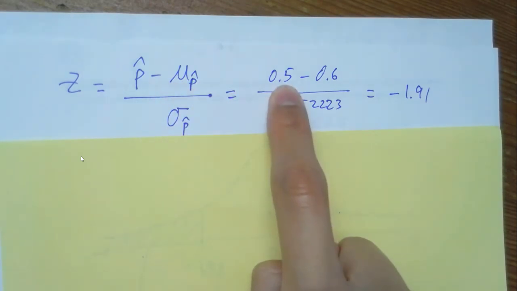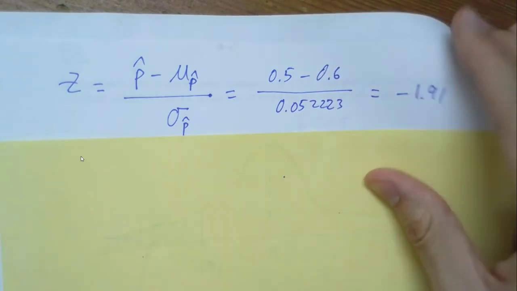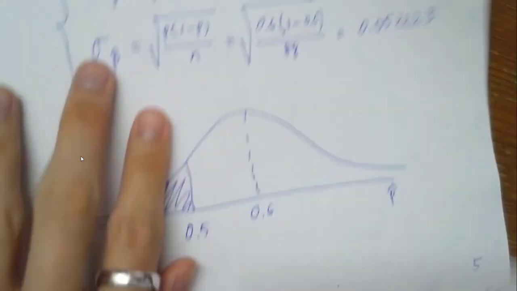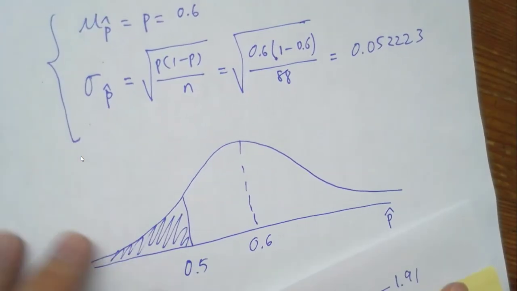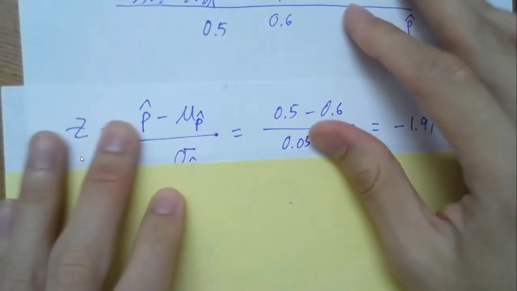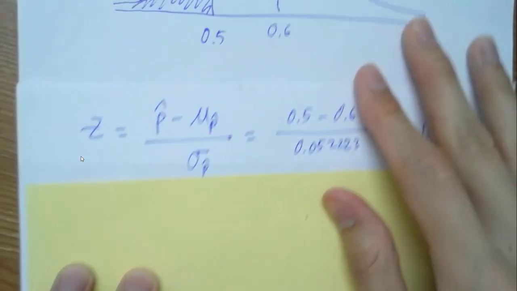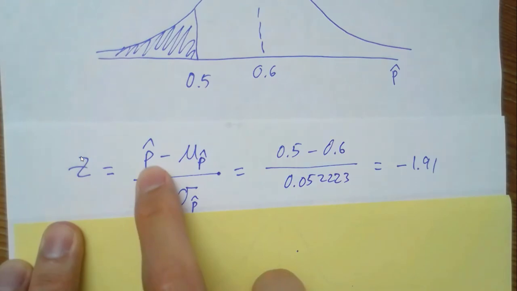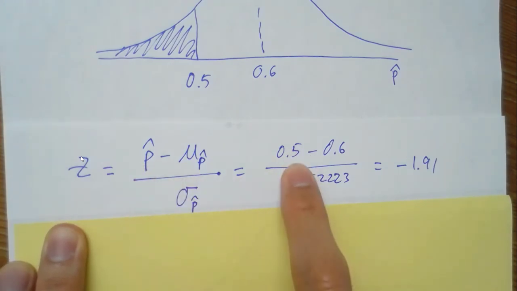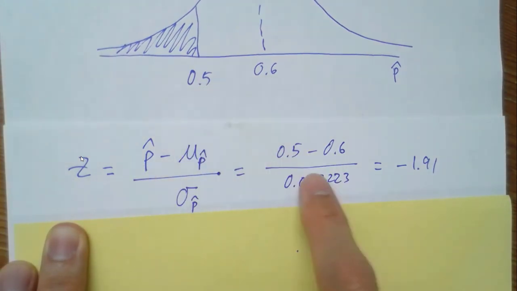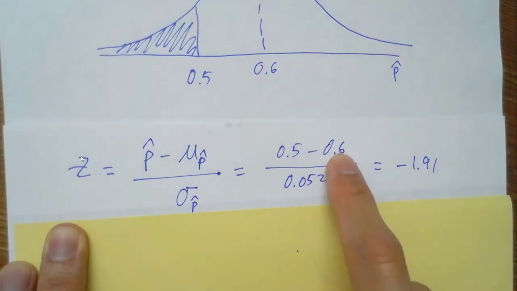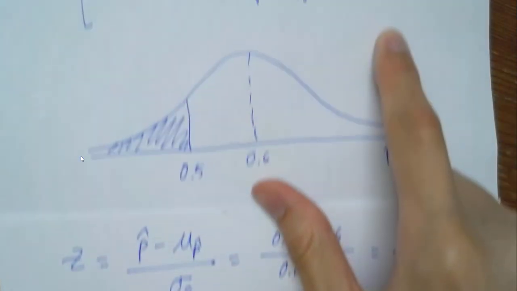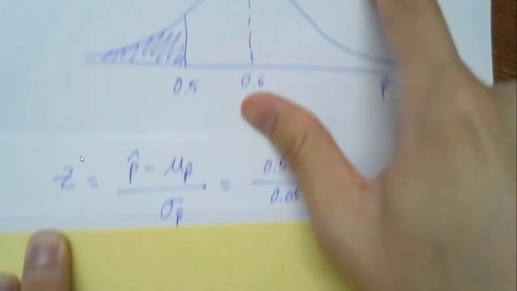We use 0.5 because we are looking for that specific value, and we are trying to convert 0.5, the value of a sample proportion. So we put it here, minus the mean, which is right here, divided by the standard deviation, right here.